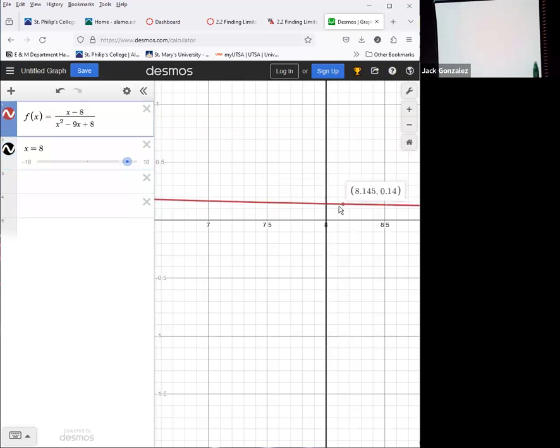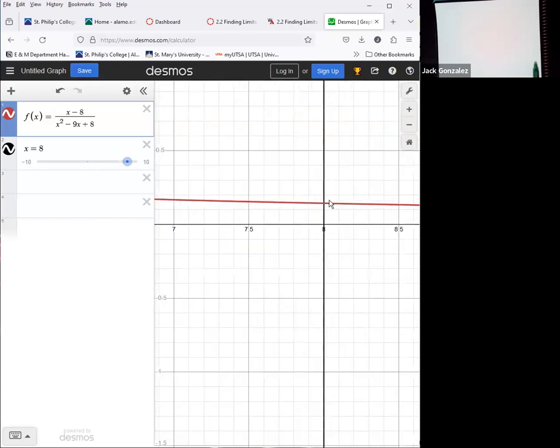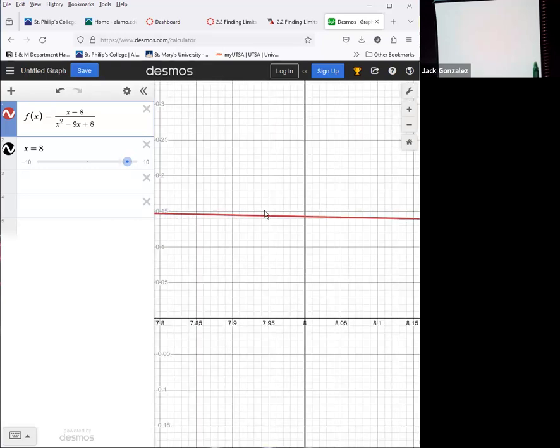As we approach from the right side, it's undefined at the point. So if we zoom in, there's going to be a hole here. But as we approach from the right, the y value is going to 0.1429, 0.1427.